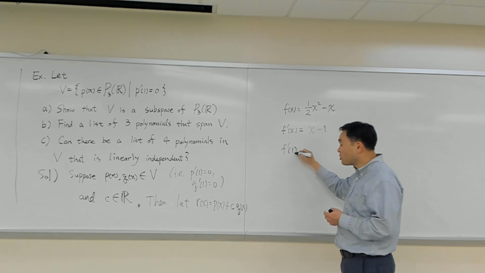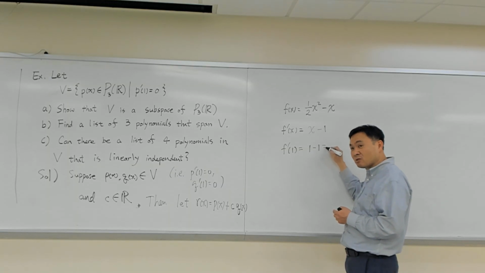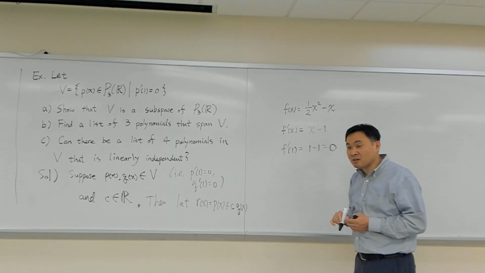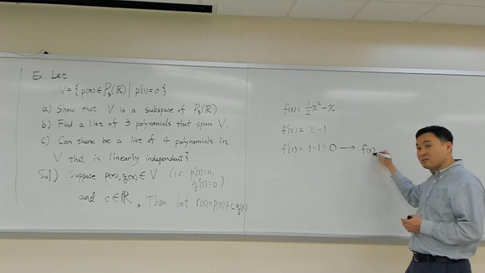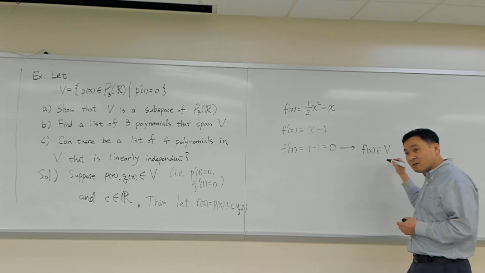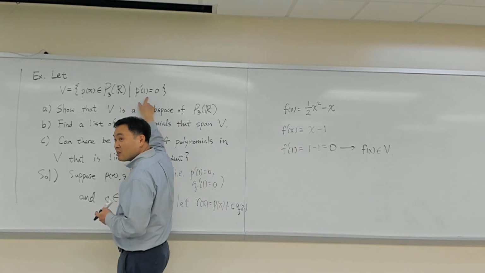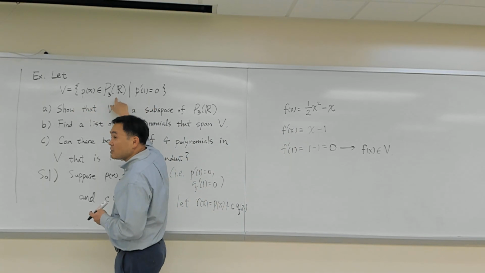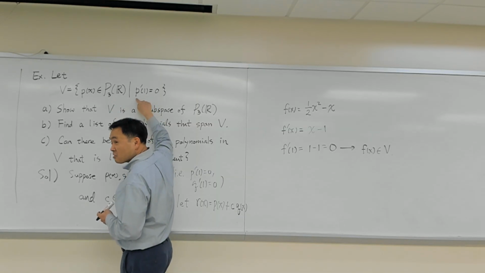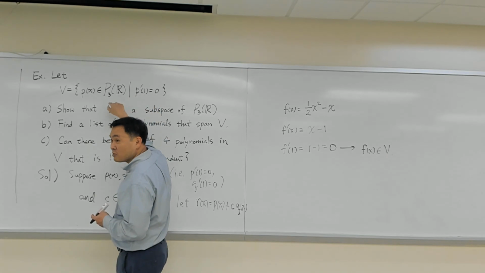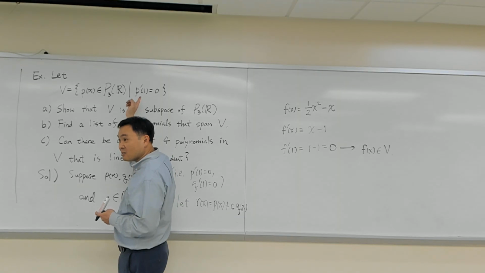If you set x as 1, then f prime of 1 is 1 minus 1, that's equal to 0. So that's proof that f of x is in V, right? Yes. Why is that? Because that's what the definition is, right? V is a subset of P3 that has to satisfy this. This is the criteria to see whether something belongs to V or not. Is that good? Yeah.